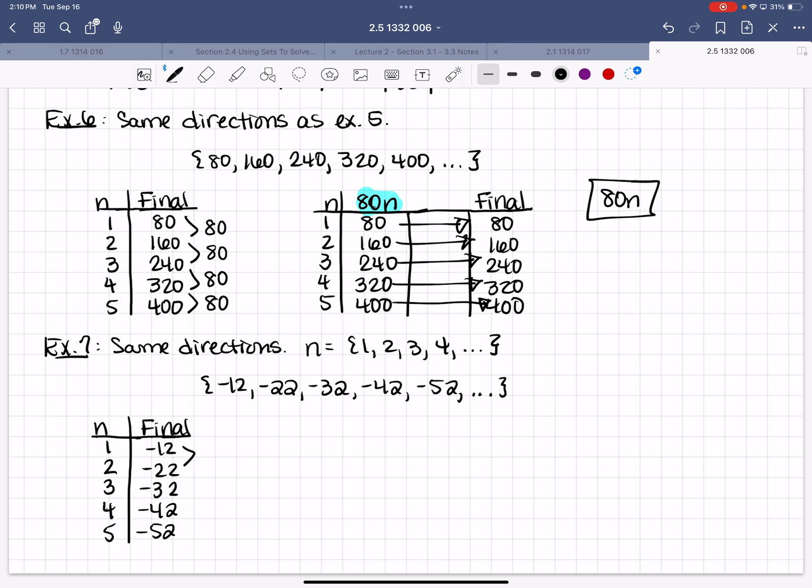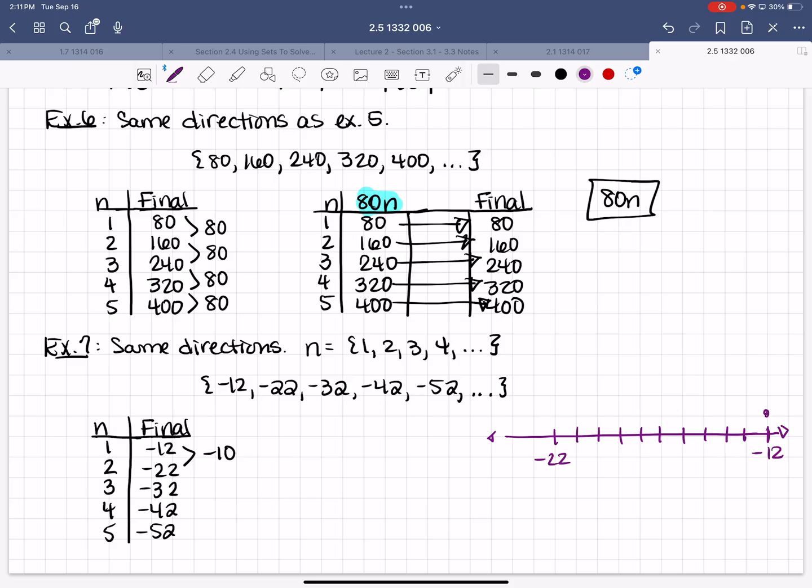Now, how did I get from -12 on the number line to -22? Negative 10. I subtracted 10, right? I went left 10. Because here's what it looks like, guys. You don't have to write this. If this is negative 12, negative 13, 14, 15, 16, 17, 18, 19, 20, 21, 22, negative 22, right?